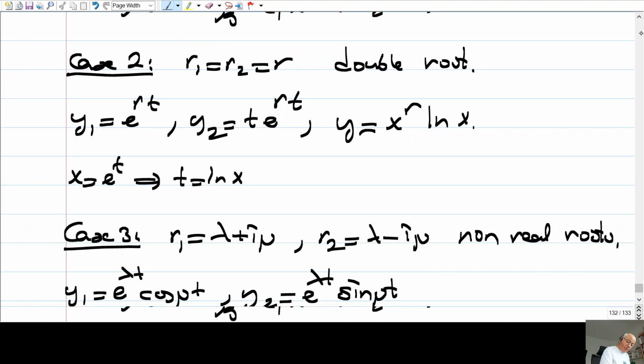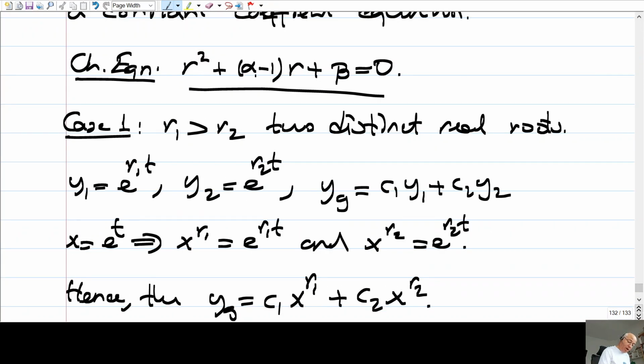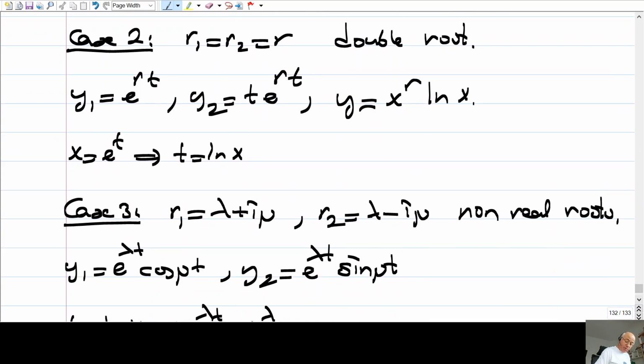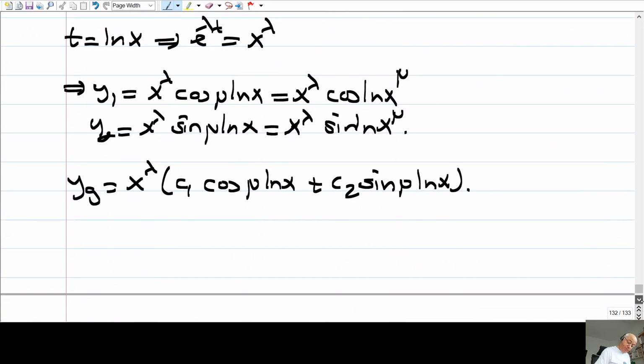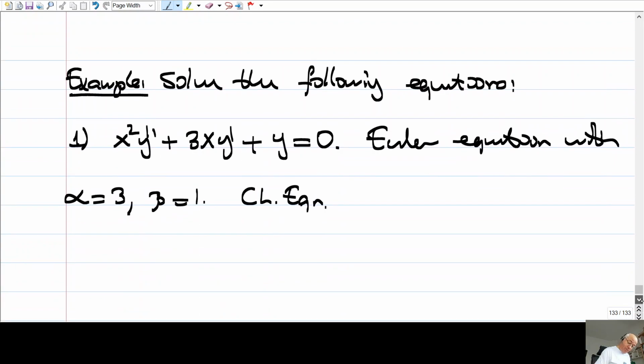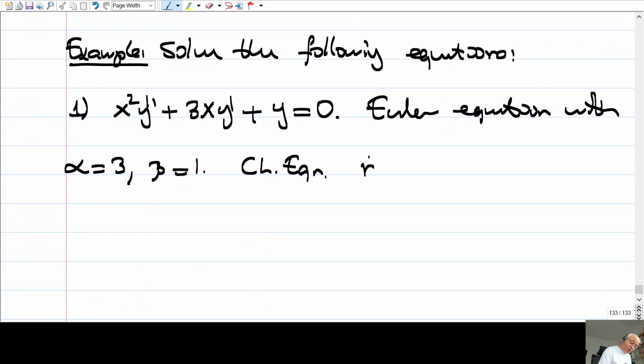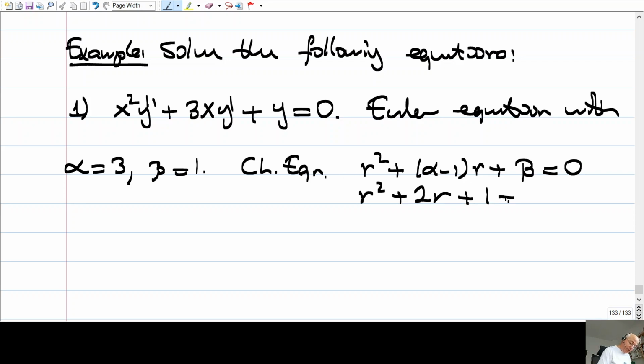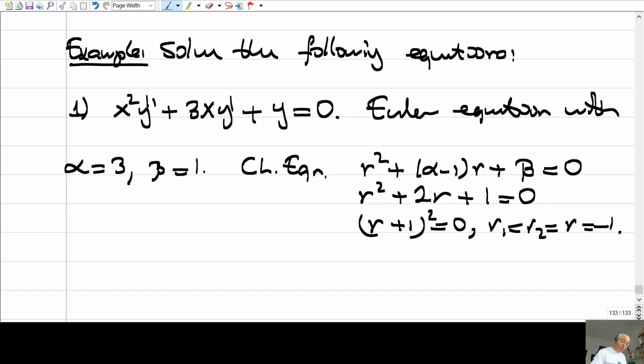The equation was r squared plus alpha minus 1 r plus beta equals 0. So we get r squared plus 2r plus 1 equals 0, so it is r plus 1 squared equals 0. So we have r1 equals r2 equals r, which is minus 1. So we have the double root case.